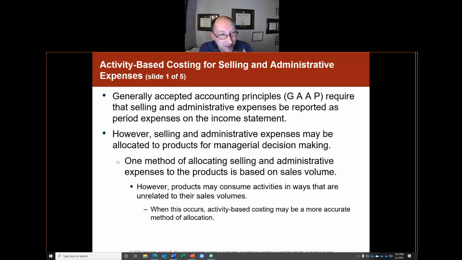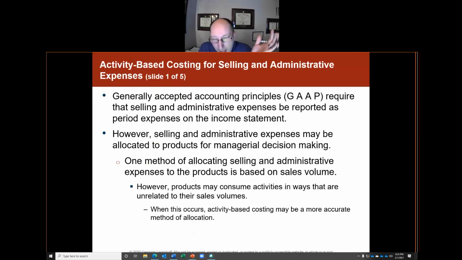Good stuff. Okay, activity-based costing and selling and administrative expenses. As you know, selling and administrative expenses get expensed out on the income statement. They apply under generally accepted accounting principles. When it comes to decision-making for selling and administrative expenses, we typically expense them out.